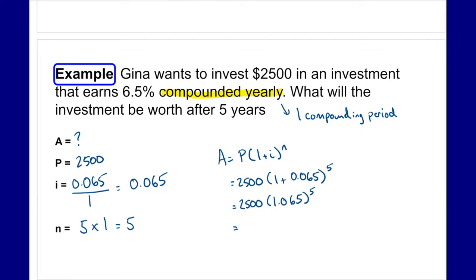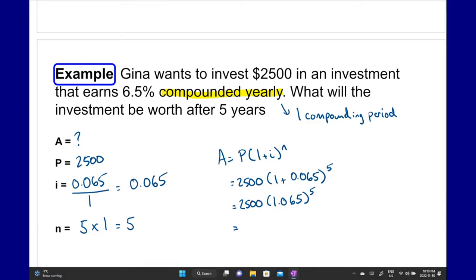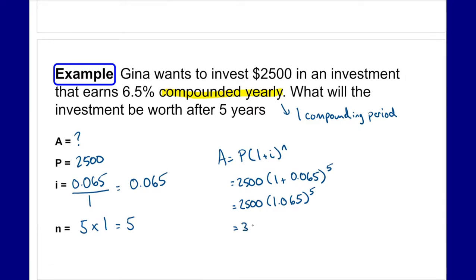Depending on your calculator, it may be easier to do that first. Remember, we have to follow BEDMAS, so we have to do the exponent first. So we do 1.065 to the power of 5 first, and then multiply by the principal. Right? You're not multiplying the principal and then raising it to the exponent. You're doing the exponent first and then multiplying.